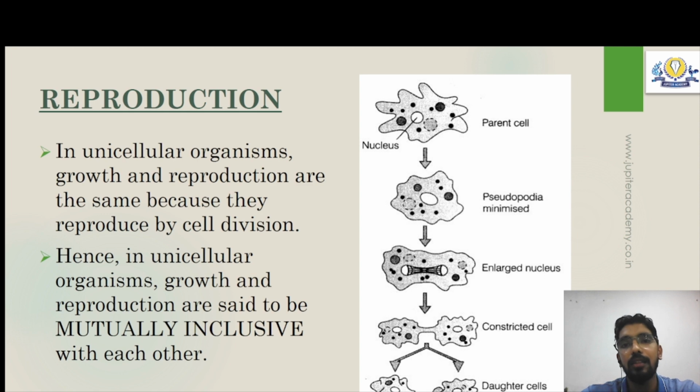This is why in unicellular organisms growth and reproduction are said to be mutually inclusive, meaning if growth is happening, reproduction is also happening. Whereas in multicellular organisms growth and reproduction are not mutually inclusive, and they are not mutually exclusive as well.